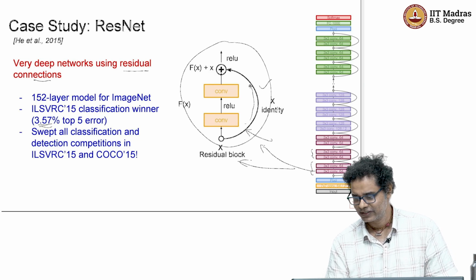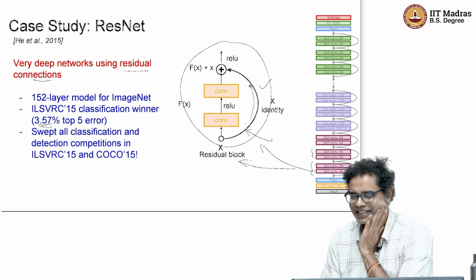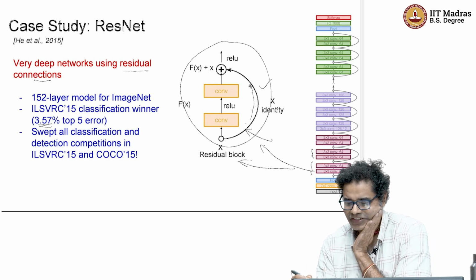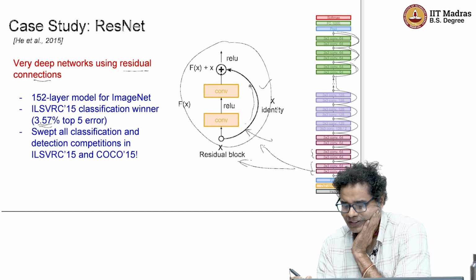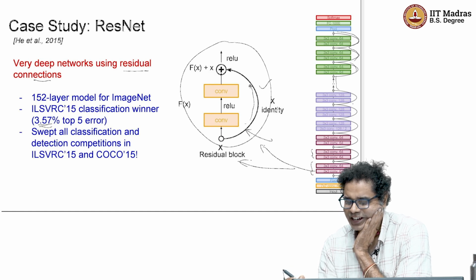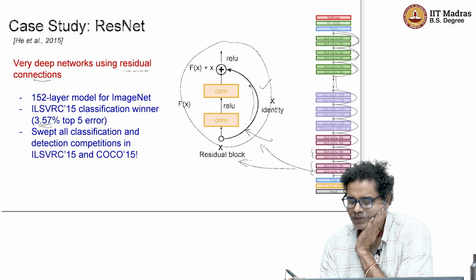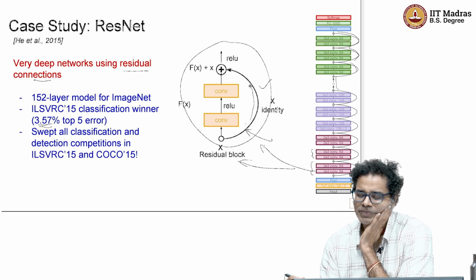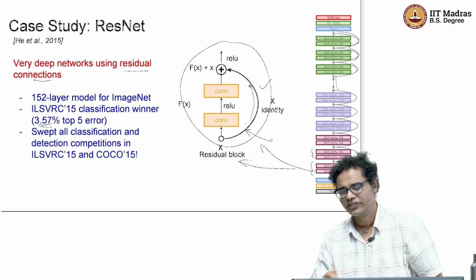We can easily see that the gradients can flow through this skip connection and then go anywhere we want. So the vanishing gradient problem is not a big problem here, and that is one of the biggest advantages of this residual network.